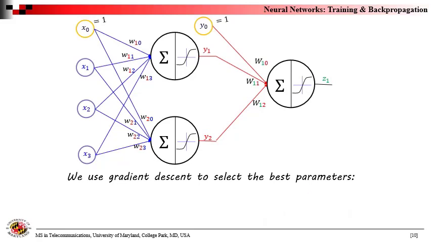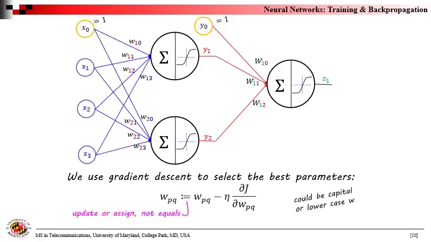We use gradient descent to select our best parameters, and we've talked about this in previous lectures. We know that in this case we're not using an equal sign. This is an assignment. It means we replace wpq with the old wpq minus eta, the learning rate, times the partial derivative of our cost function from the previous slide with respect to wpq.